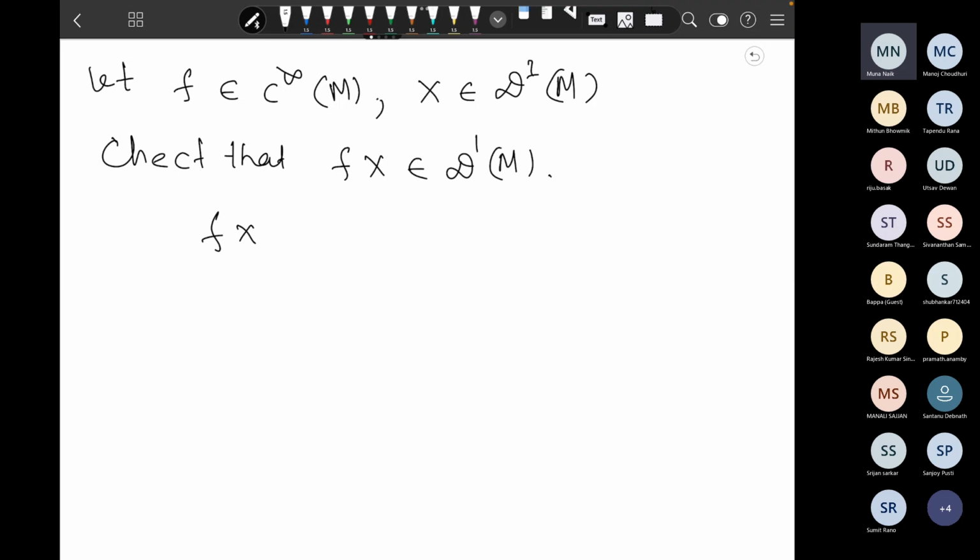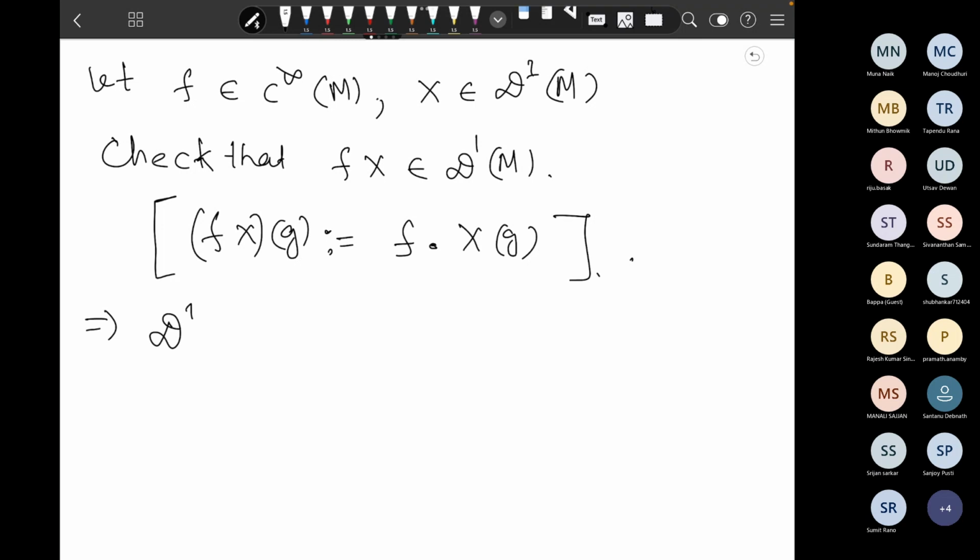What is the definition of f X? f X of g is by definition f into X g. This is my definition. So that means D1 M is a C infinity M module, because I can multiply a function to a vector field. You can check that.